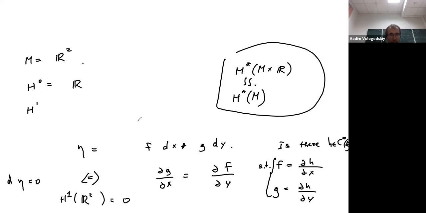The idea is very simple. You define function h as an integral. You integrate this form along half of the rectangle.